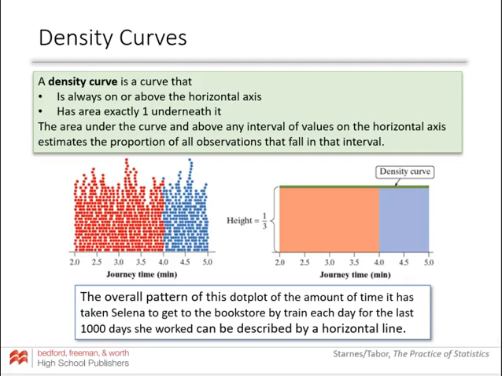So here's an example of a density curve. This dot plot shows the amount of time it takes Selena to get to the bookstore by train. And the way we could model that with this density curve is this straight line. Now, a density curve is an approximation, just like we saw last time with the normal curve, where real world data is not exactly normal, but we can use the normal distribution as a good estimation.